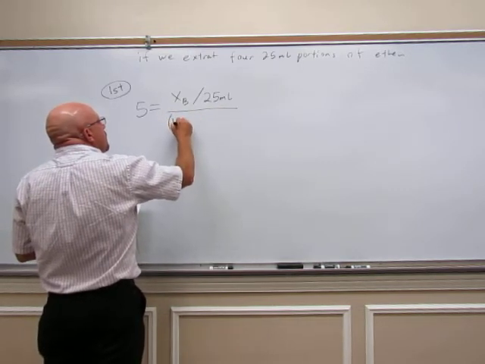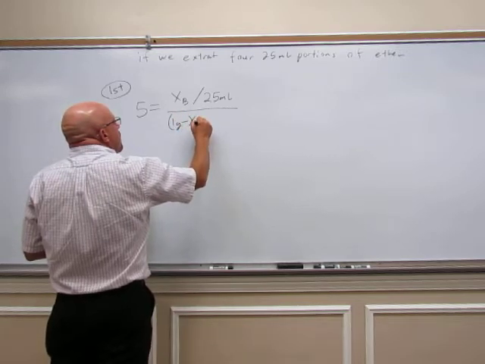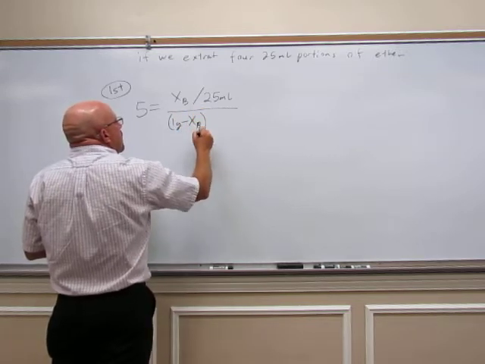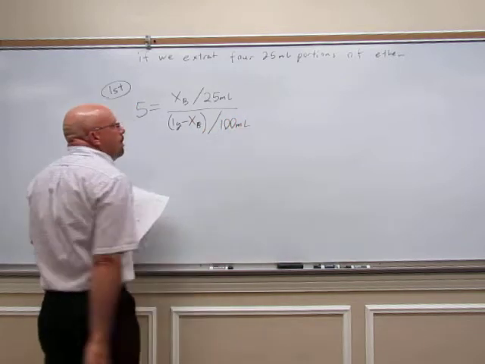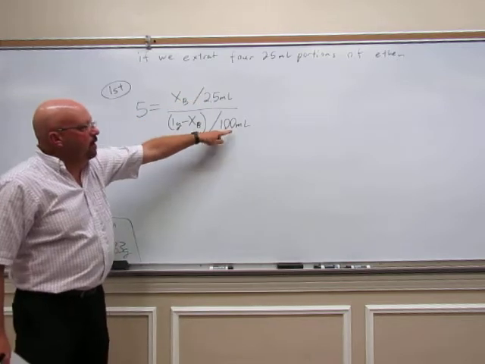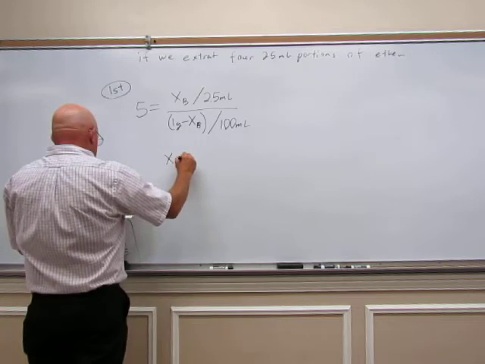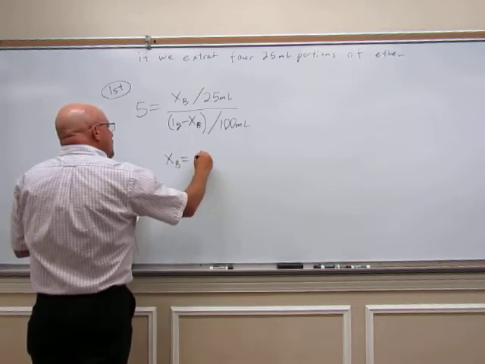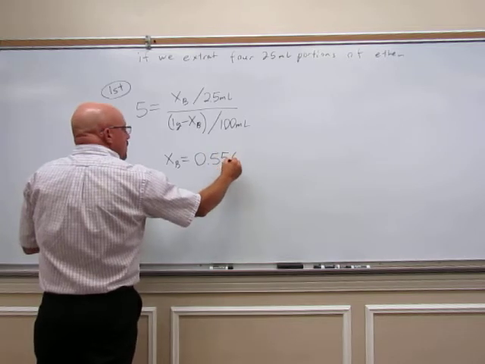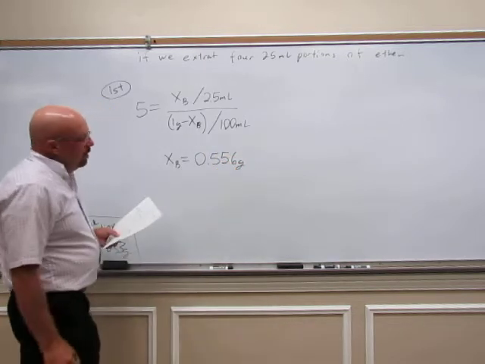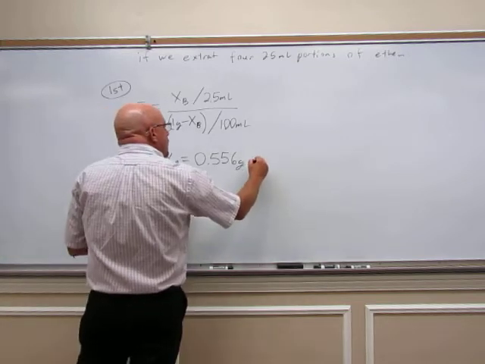So we started with 1 gram. We extracted out X amount. And we had 100 milliliters of the water. 25 mils of ether, but 100 of the water. So if you go through and solve for X, you'll come up with 0.556 grams in the ether.